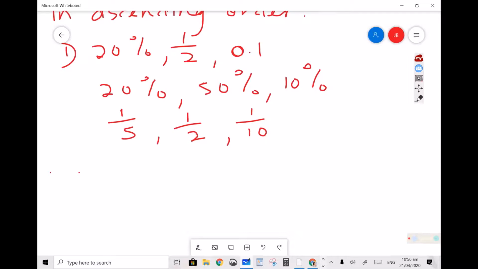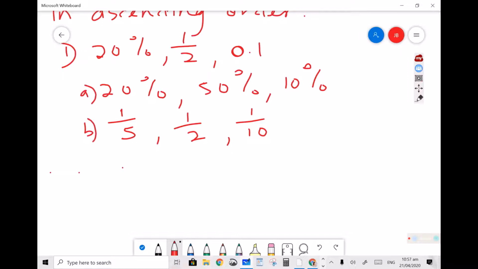Okay. The third option that we can look at is using decimals. So we know that 20% would be, so let me just label this option A, option B, and option C. Okay, the 20% will be 0.2, the half will be 0.5, and of course we would have the 0.1.